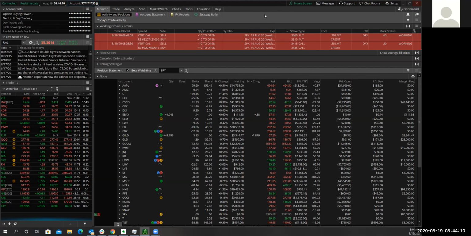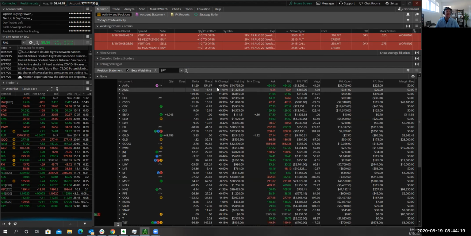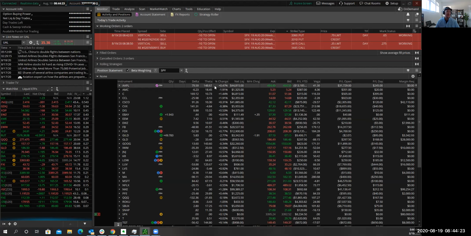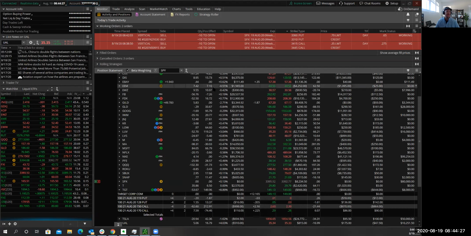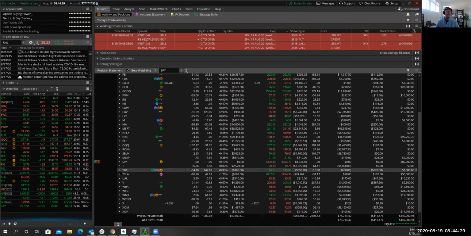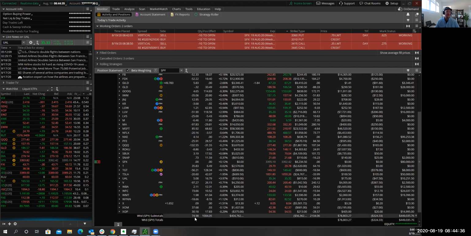No. Beta-weighted deltas is a way of measuring the risk in your account. I've got a zillion of these holdings, and a lot of times it's hard to compare one against the other. So beta-weighted deltas shows you that if this whole account was invested in SPY, I would have 75 shares of SPY.